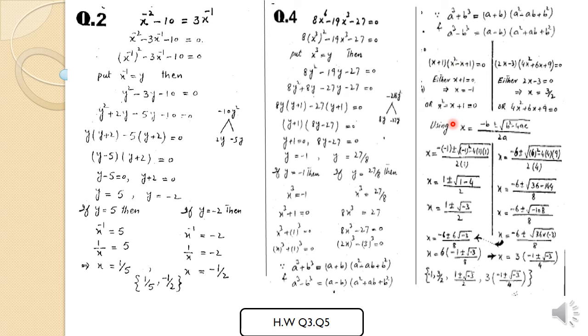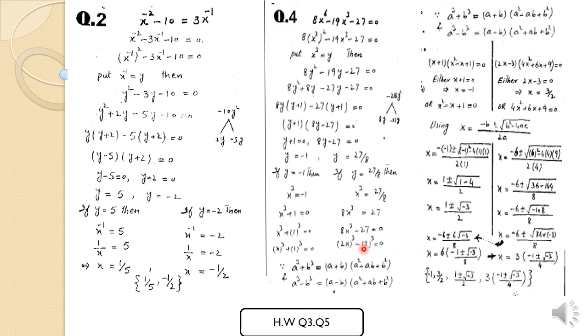The second is a quadratic equation, so we simplify it by the quadratic formula, which is minus b plus minus square root of b square minus 4ac upon 2a, and here we substitute the values. So here b equals -1, a equals 1, and c equals 1. We put the values, and after simplification you will get this value, student.